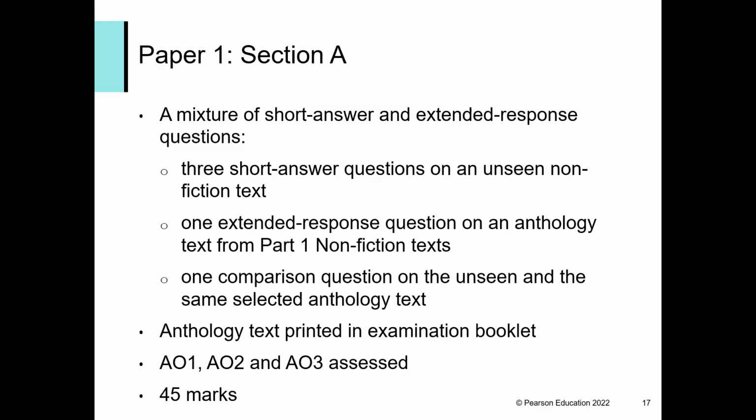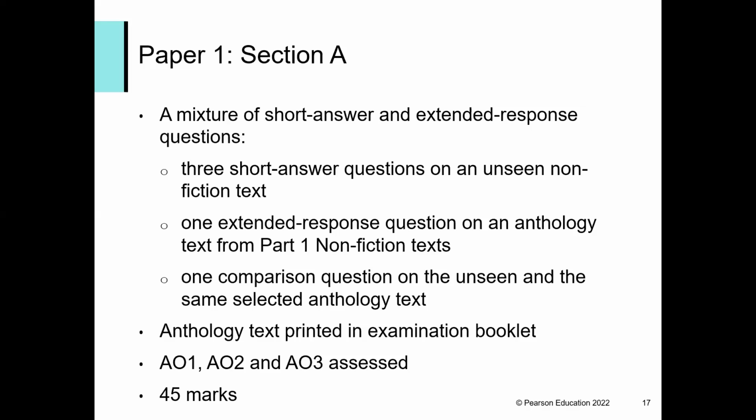We have a mixture of short answer and extended response questions. There are 3 short answer questions, and those are on the unseen text, the text that students haven't studied. Then there's 1 extended response question on an anthology text, that's question 4, so they have studied it, and part 1 of the non-fiction text, and 1 comparison question, obviously on the unseen text and the anthology text.